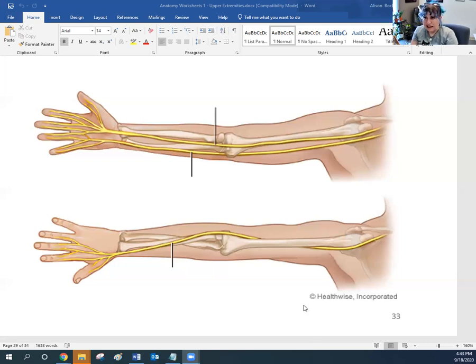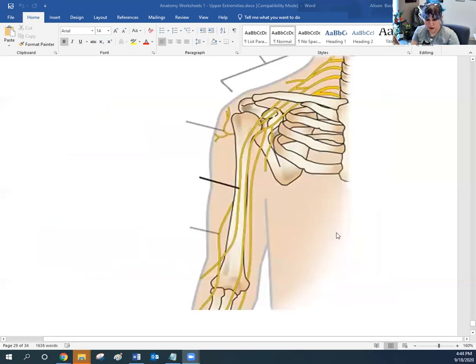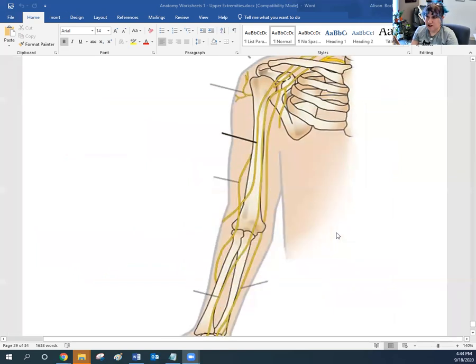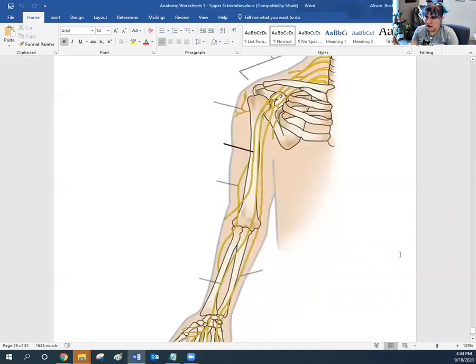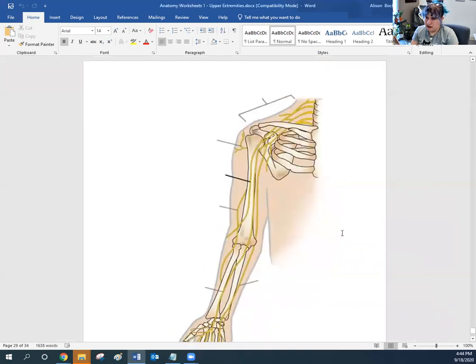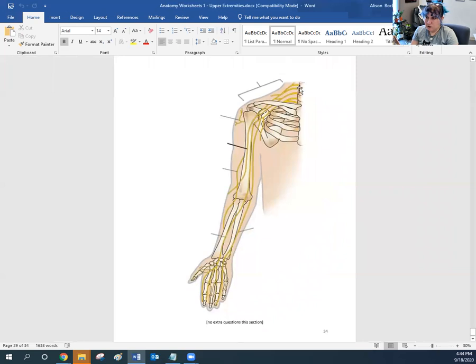All right, let's take a look at a slightly different view of these nerves. Make this a little smaller so it actually fits on the screen. And up here, we can see branching out from the neck and through that axillary region is our brachial plexus.